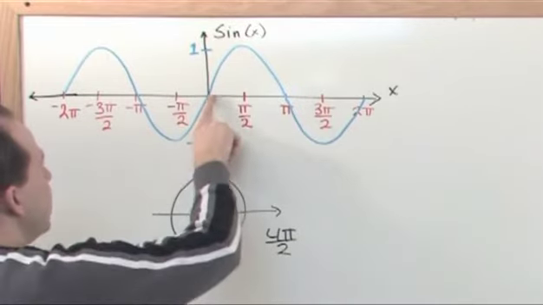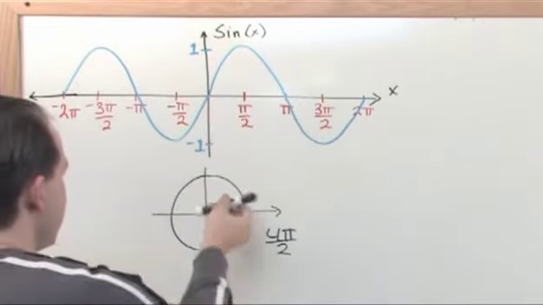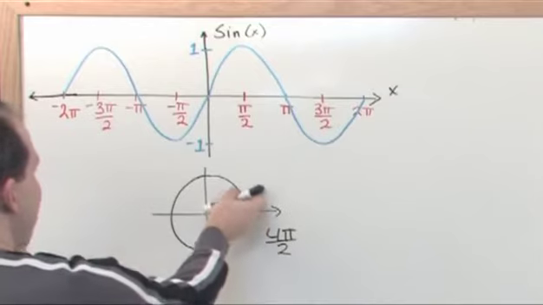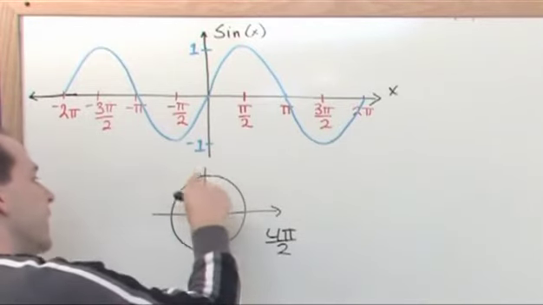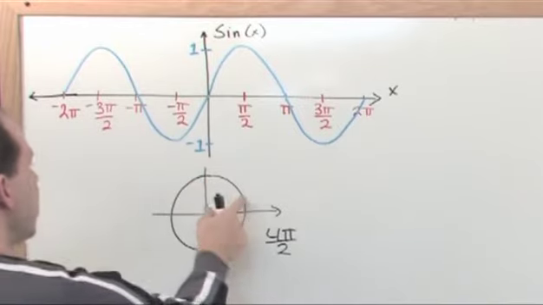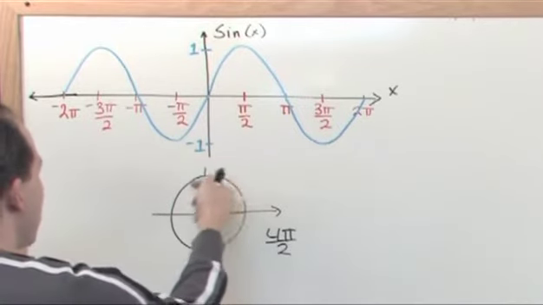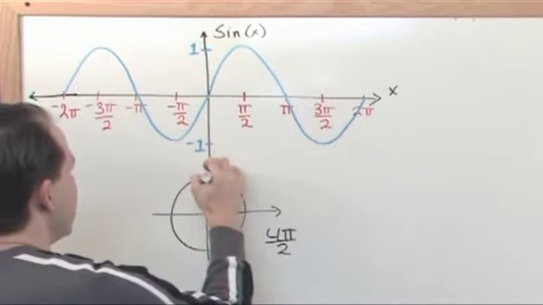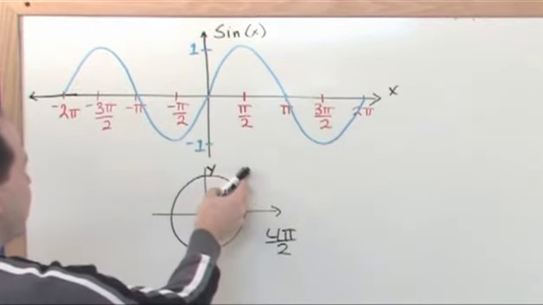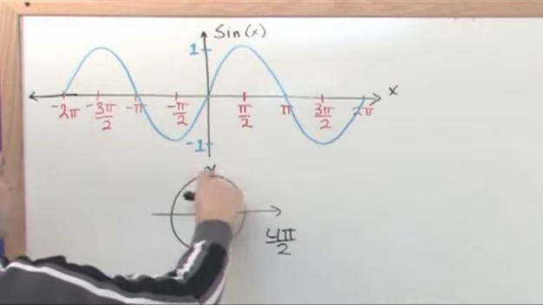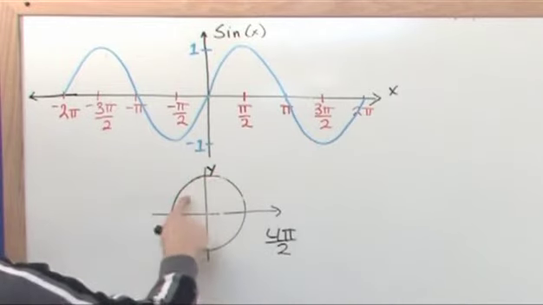You start out at 0, you reach a peak at pi over 2, because as you increase the angles up to pi over 2, the sine, which, don't forget, is the projection of this circle onto the y-axis, which I haven't labeled here, but that's the y-axis. So as you go up the circle, the sine function is just looking at the projection on the y-axis.